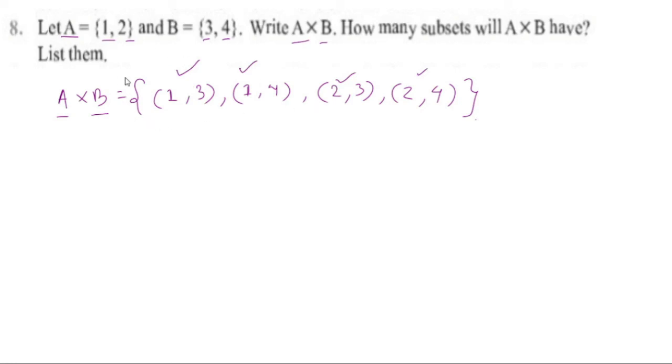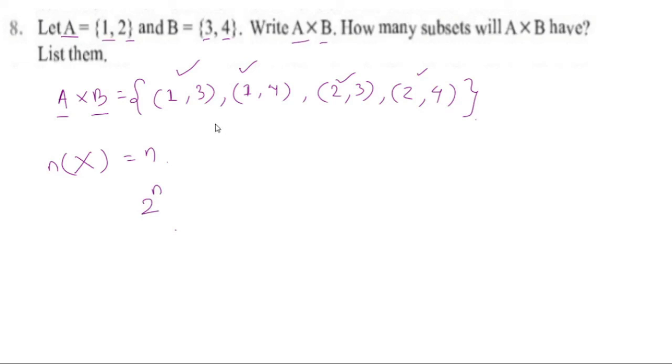Also, the number of elements in the Cartesian product of two sets is the product of the numbers of elements in set A and set B. And we also know that if any set X has n elements, then the number of subsets of set X is given as 2 to the power n.